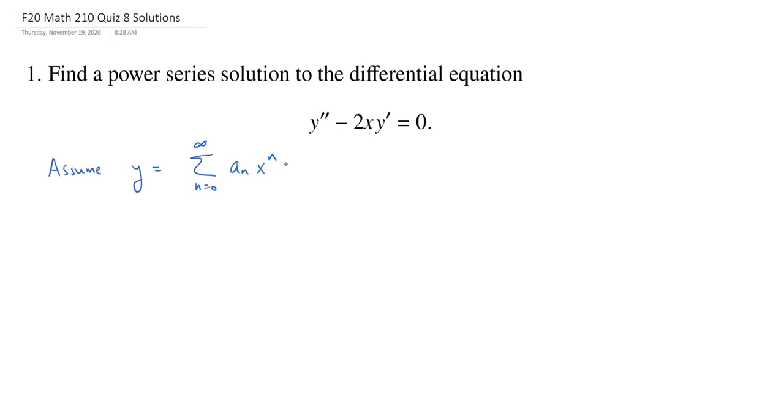In this particular case, we're very justified in using this method because of something which is sometimes called Fuchs' theorem, which says if you have a second order differential equation and the leading term is 1 and the coefficient in front of the y prime is some function of x which is analytic, or if you like, has a power series around the center of your power series, in this case 0.